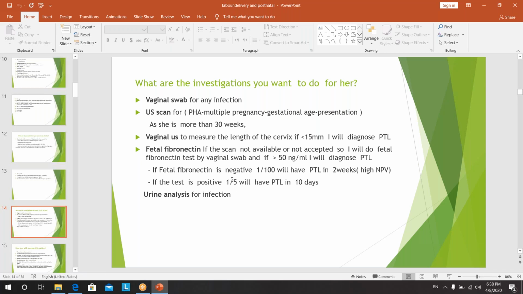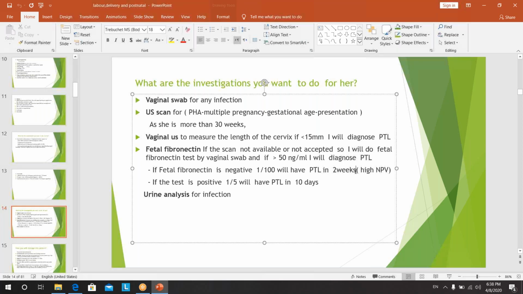If the fetal fibronectin is negative, 1 in 100 will have preterm labor in 2 weeks, so it has a high negative predictive value. And if it's positive, 1 in 5 will have preterm labor in 10 days. So this is the investigation you have to ask for this patient.